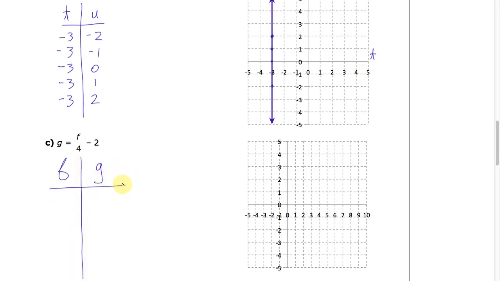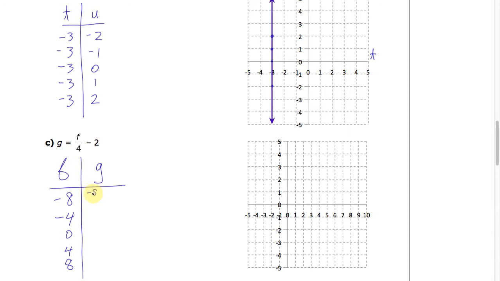Normally I would take some small f values, but I'm going to be a little bit more particular this time because if I do -2, for instance, -2 divided by 4 gives me a fraction. So instead of using -2, I'm going to start with -8. And then I'm going to go to -4 and 0 and 4 and then 8. You'll see why as I do the calculations. It's because dividing by 4, I want to end up with a nice integer value.